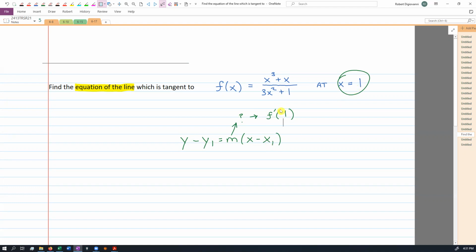And the y won't be 1. The y is what you get when you plug 1 into the original function, because this point has to be on the original curve. So you have to figure out what you get when you plug 1 into the function, not the derivative. 1 plugged into the derivative gives you the slope of the tangent line. 1 plugged into the original function gives you the y value of the point. Okay, I see. Okay, thank you.